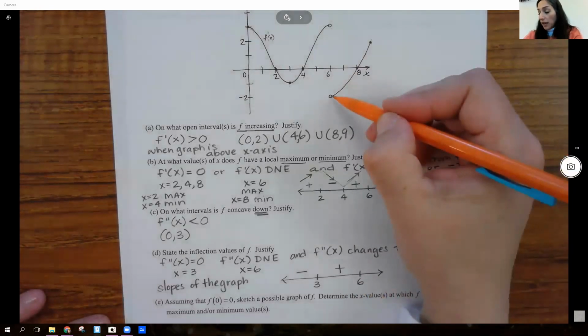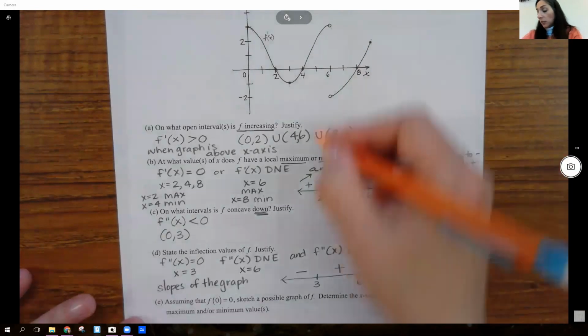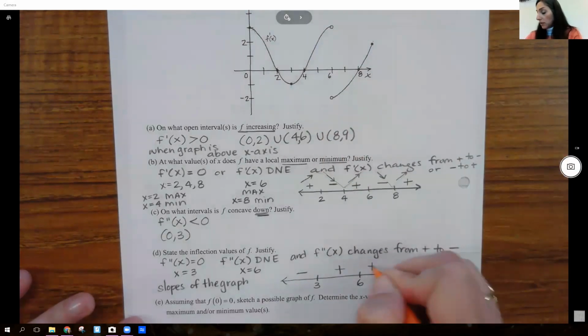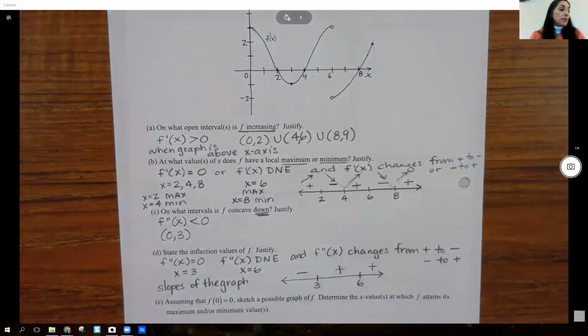And then on the other side of 6, the slope is still positive. So where do we have our points of inflection? Are they at both points? Is it just 3? Yeah, good.